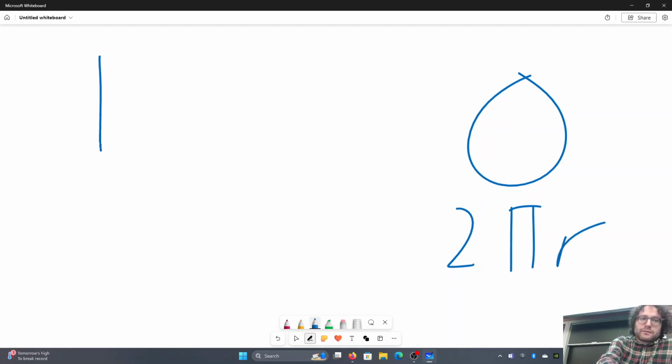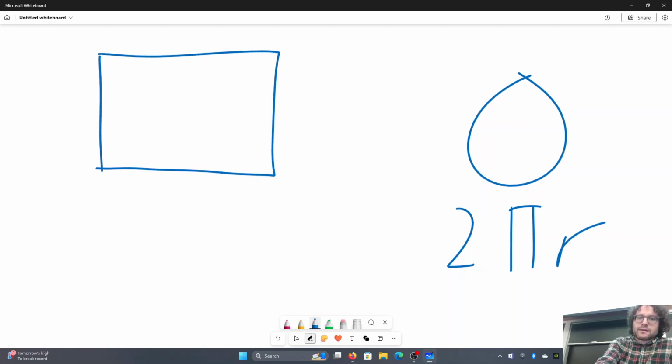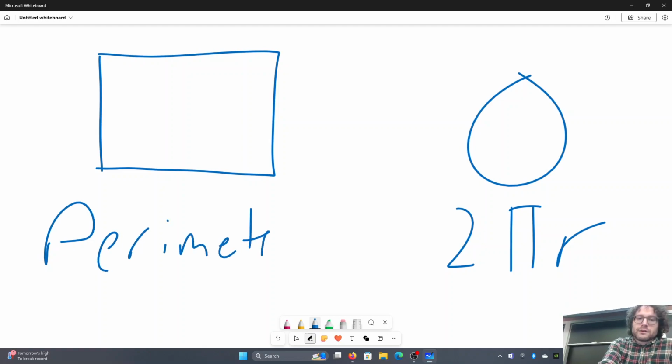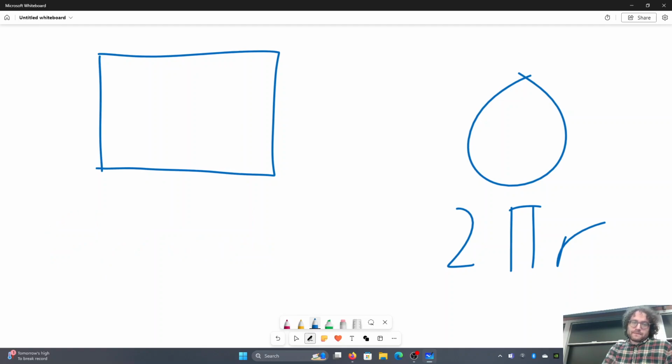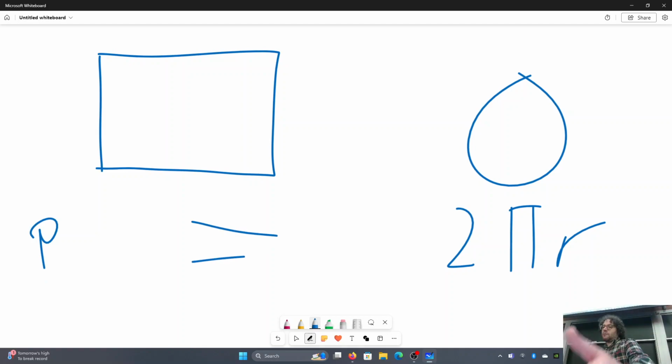In a square, or octagon, or pentagon, or hexagon, the total amount you move is the perimeter, which we often just call P. So the perimeter needs to be equal to 2 pi r. Pi and 2 are just constant numbers, and r is the number that's provided to us. So we just need to make this equal to that.